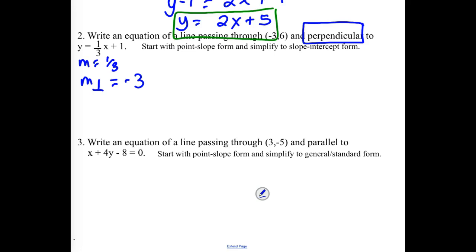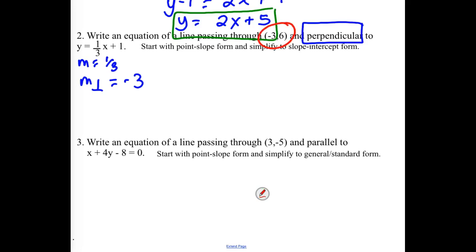And we are given that it has to go through this point, negative 3, 6. So we would start out y minus our y coordinate equals our slope times x minus our x coordinate. Then we're going to simplify that to slope-intercept form.